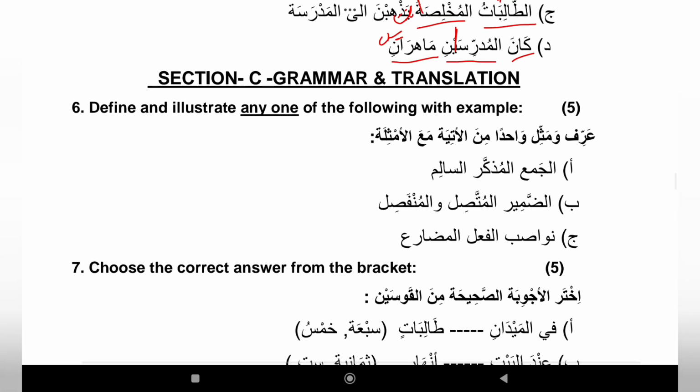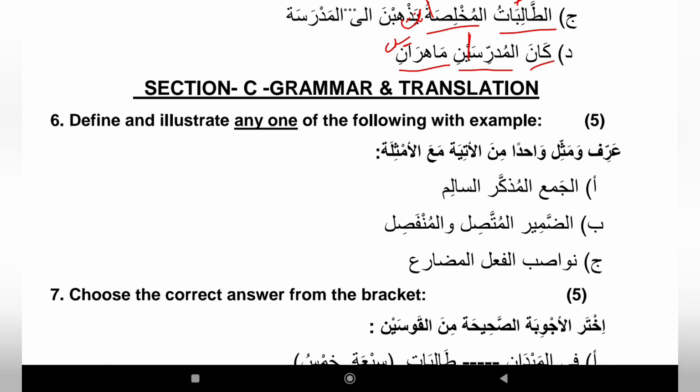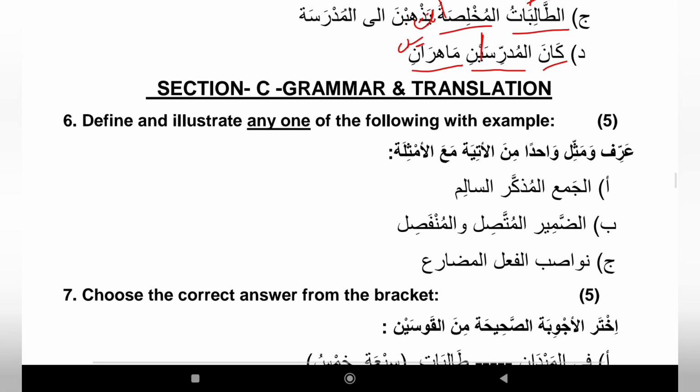Accusative and genitive case with ya and nun. Then we have grammar and translation. First of all, we have to define and illustrate any one of the following with an example.